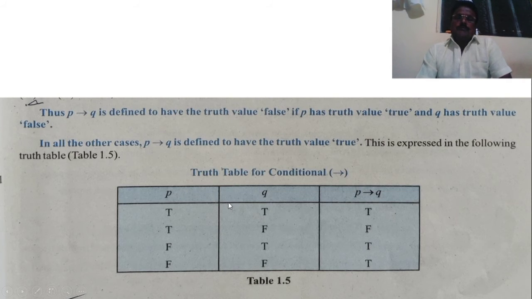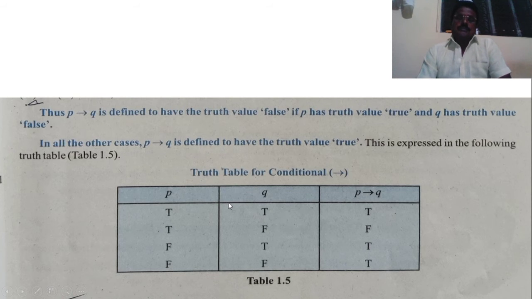First statement true, second statement true, then the implication is true. First statement true, second statement false, and the implication is false. Third, first statement false, second statement true, then the implication is true.